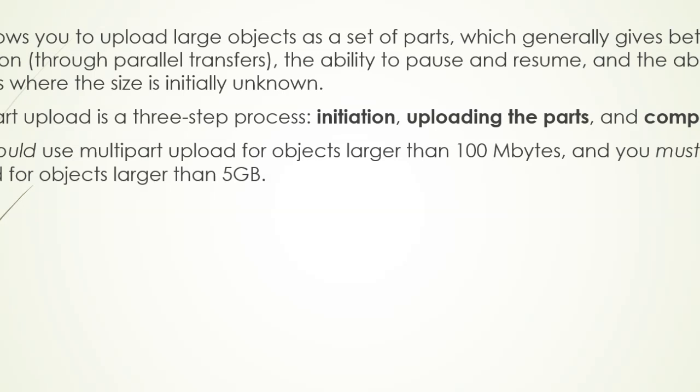Multi-part upload is a three-step process. Basically, first you initiate, then upload the parts, and it's completed in the third step. AWS always recommends that if your file size is larger than 100 MB, then you must use multi-part to upload the file into S3.